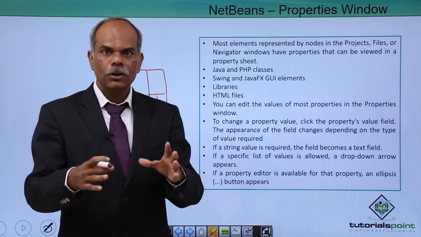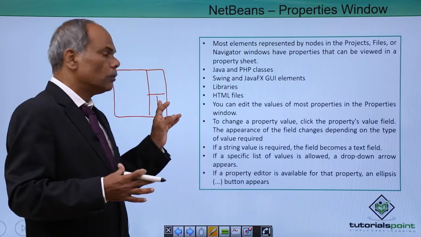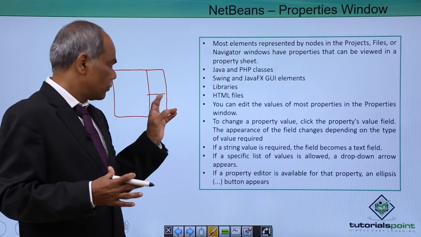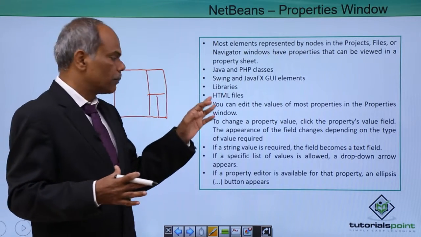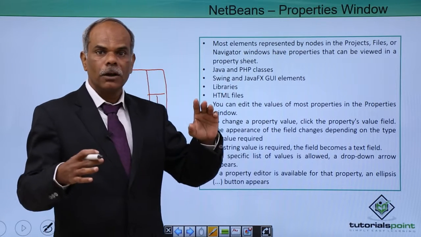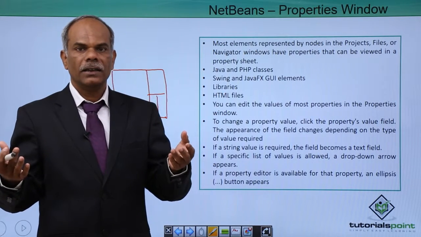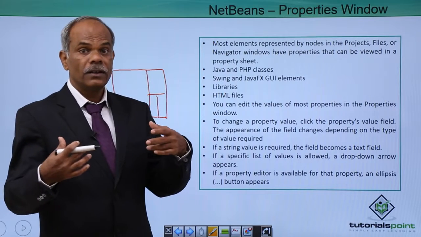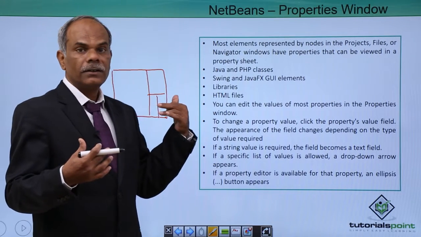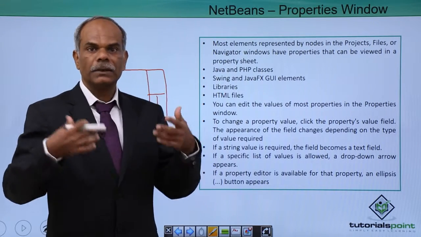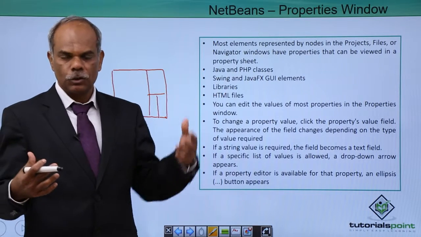And the beauty of this is that even if you modify the property here in the property window, its effect will automatically be applied in the source code of the object, which is actually the result of a certain source file.